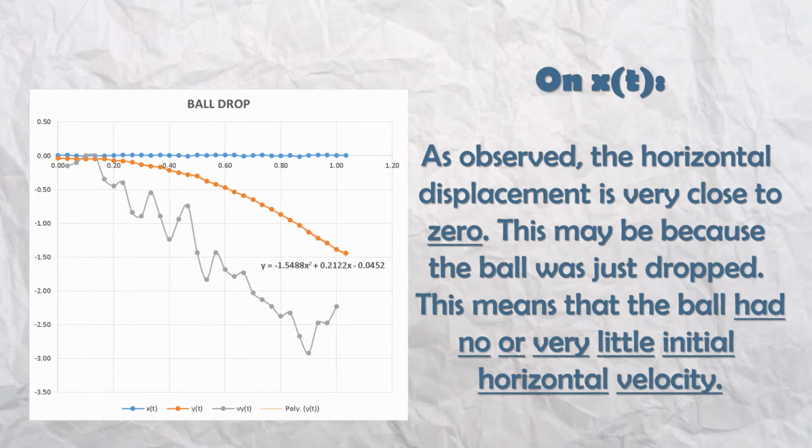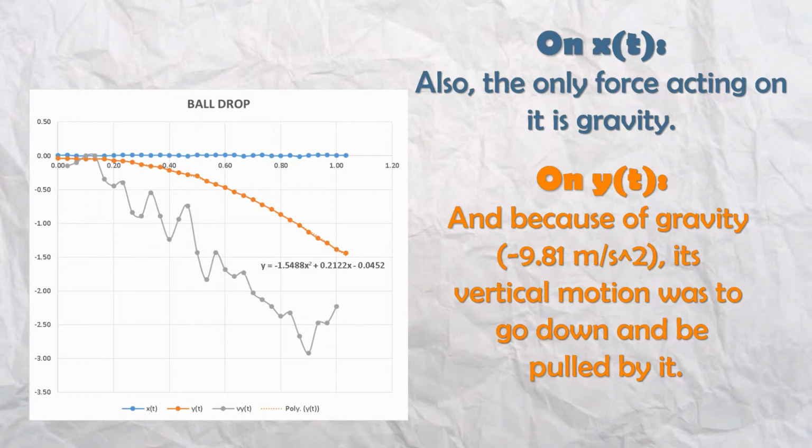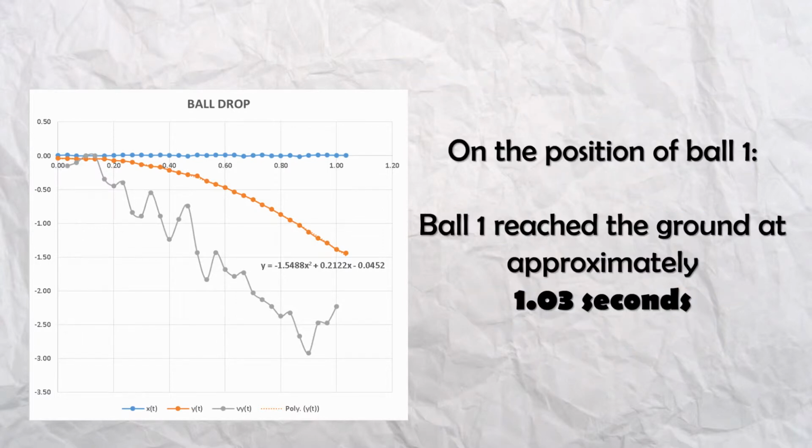This may be because the ball was just dropped. This means that the ball had no or very little initial horizontal velocity. Also, the only force acting on it is gravity, and because of gravity, its vertical motion was to go down and be pulled by it. Ball 1 reached the ground at approximately 1.03 seconds.